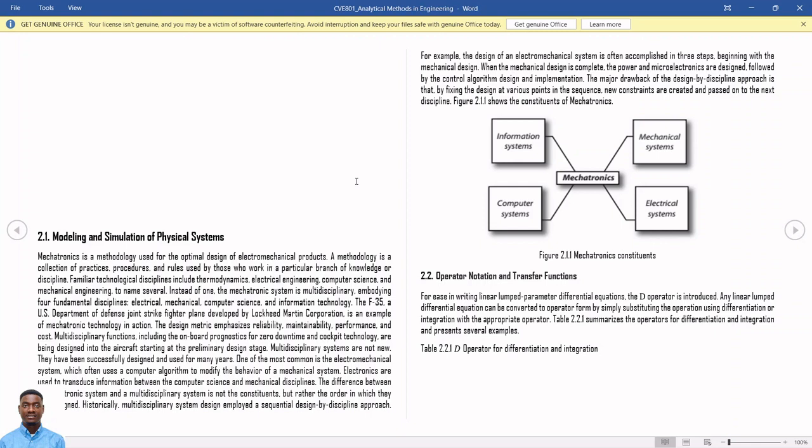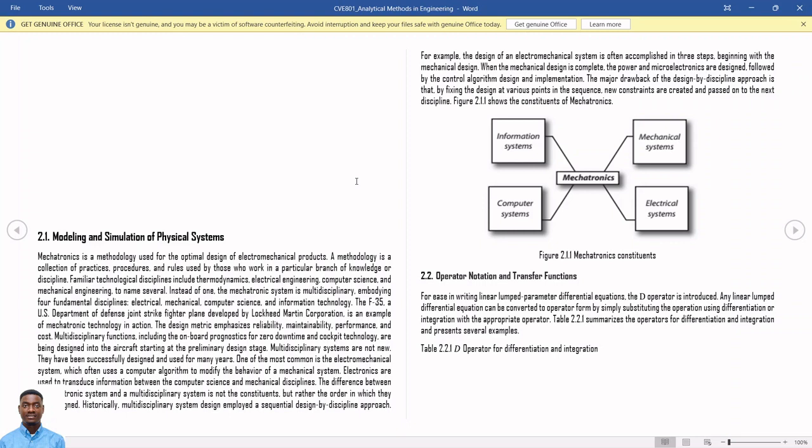But the methodology itself is the collection of practices, procedures, and rules used by those who work in a particular branch of knowledge or discipline. So, what we're saying about methodology is that a methodology is a standard way of doing things which is peculiar to a branch of knowledge or discipline. For instance, if we look at mechanical or electrical or maybe civil engineering, they have some kind of procedures by which they carry out their design.